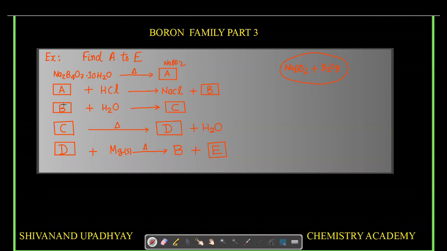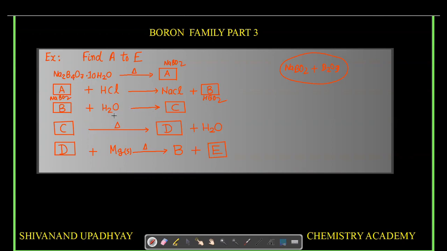So now I can write that this is NaBO2. When NaBO2 reacts with acid, there is formation of NaCl, and HBO2, metaboric acid, will form. HBO2 metaboric acid will be B. B is reacting with water.